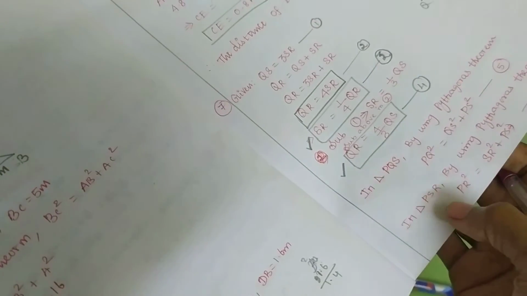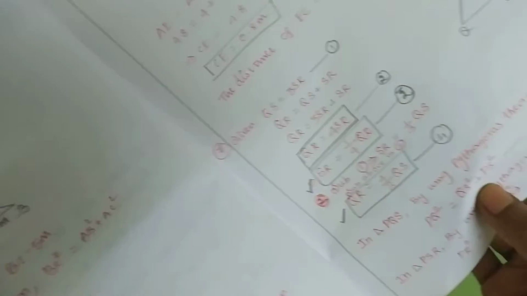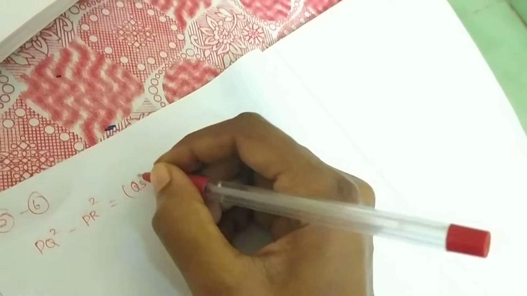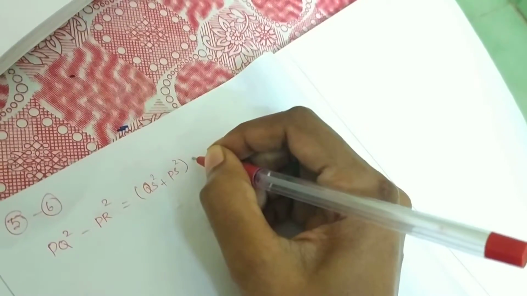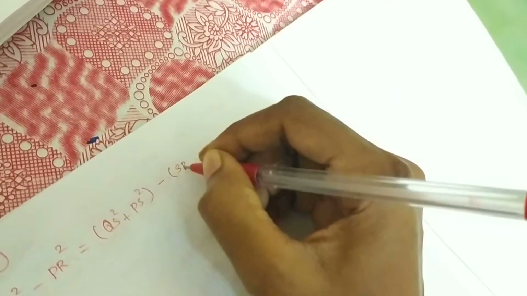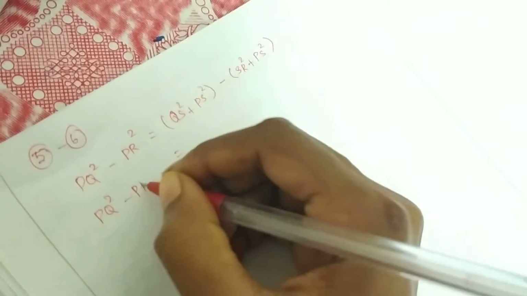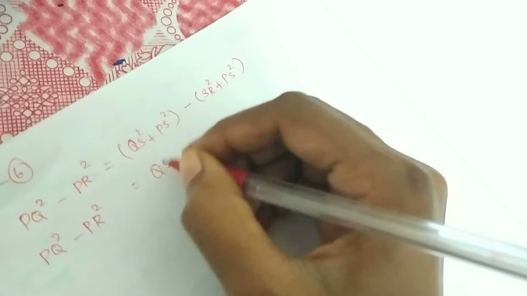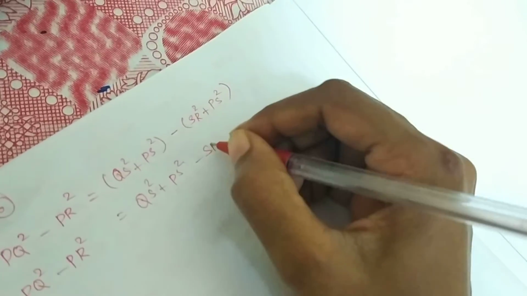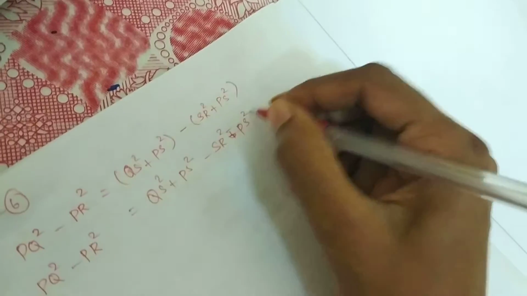Left hand side subtracting left hand side, right hand side subtracting right hand side. So PQ square minus PR square equals QS square plus PS square minus SR square plus PS square.